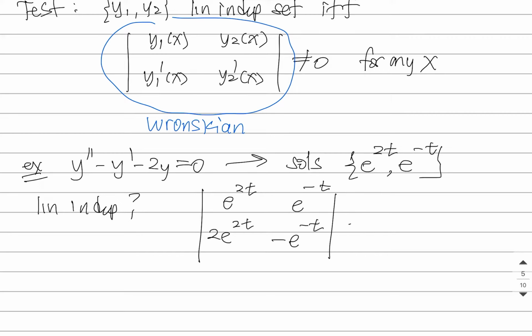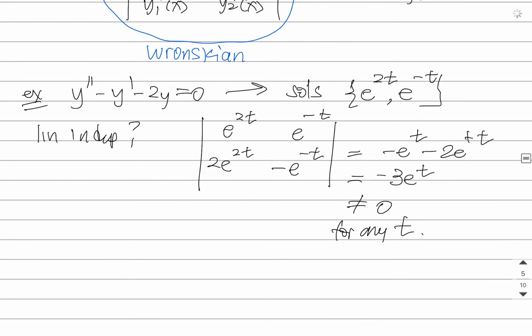When I take the determinant, I'll get negative e^t, subtract 2e^(-t), or sorry, positive t, and I'll end up with negative 3e^t. That will never be 0 for any t. Because the determinant is never 0, those two functions are linearly independent.